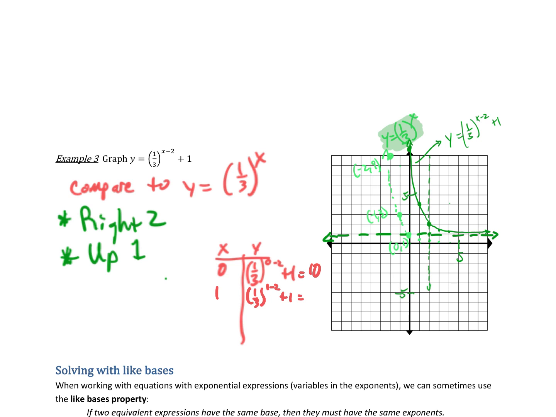When x is 1, you're going to get 4. Because this is 1/3 to the -1, which is 3, plus 1, which is 4. And that point, 1, 4, is right here. The point 0, 10 is up here. So there's 3 different ways to go. If all else fails, do the table of values, but if you can use the transformations to slide it over and up, that's best.